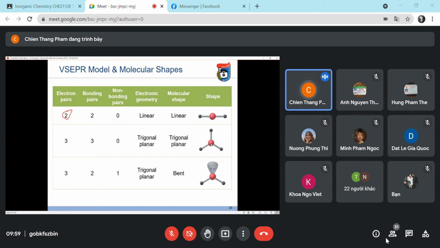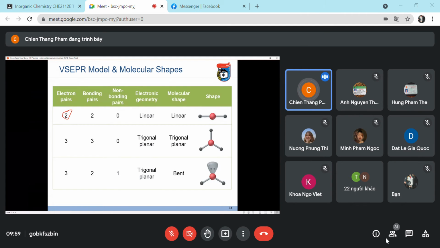However, let's consider the situation when there is 1 non-bonding pair and 2 bonding pairs. Now you can see there are 1, 2, and 3 electron pairs. However, one of them is a non-bonding pair and the remaining are bonding pairs. So you can see that this position is empty.